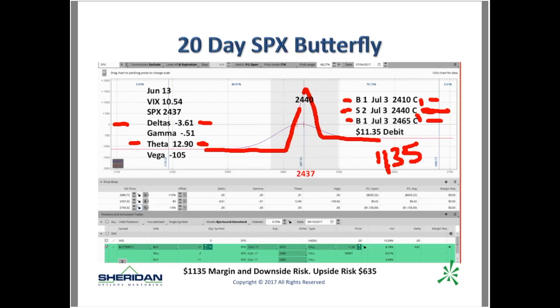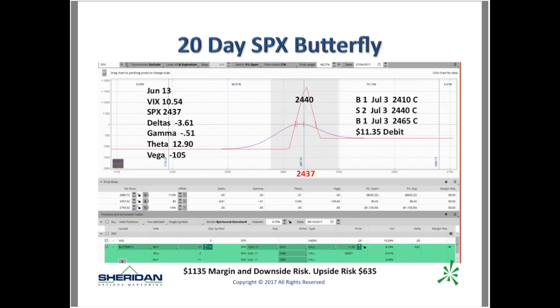You say, why is that? Well, if you look at it here, the width on the downside: if I'm selling the at the money, the strike below it would be the downside, the 2410s. So I'm 30 wide there, and the difference between this strike and this strike would be 25 wide.